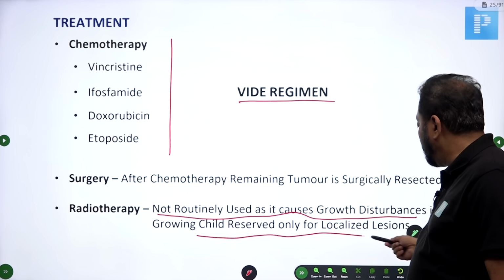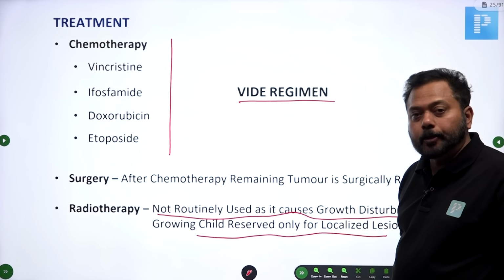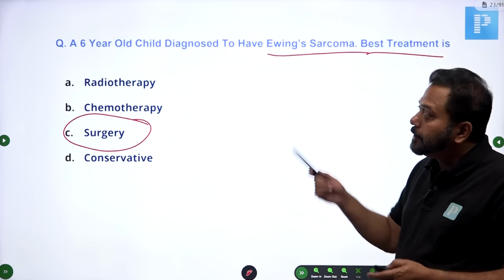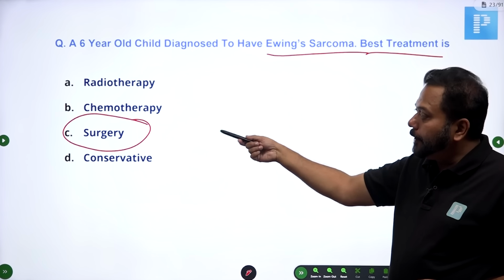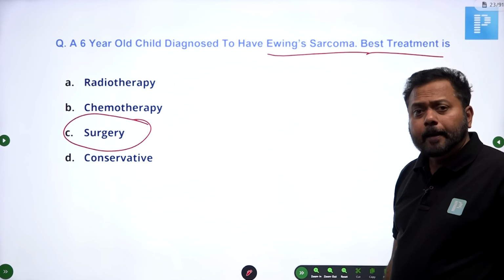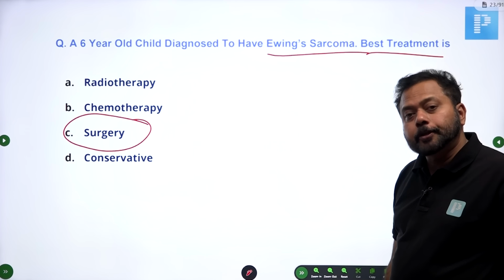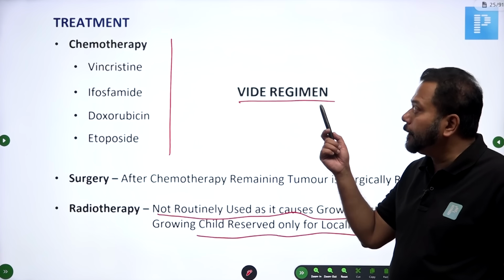Reserved only for localized lesion. What is the question I asked? 6-year-old child. When you give radiotherapy, the tumor may shrink temporarily, but this will go and damage the epiphysis. So the growth of the bone will be affected. So the treatment of choice is surgery, surgery, surgery. Please don't forget this point.